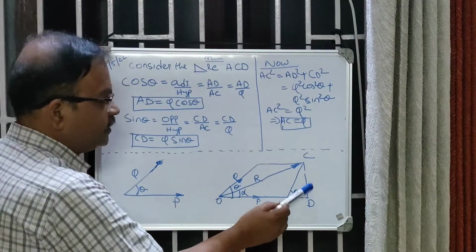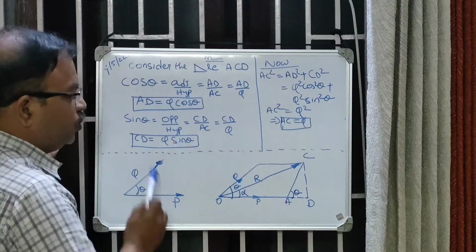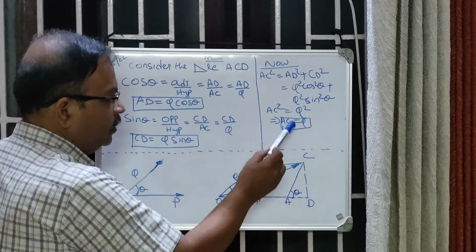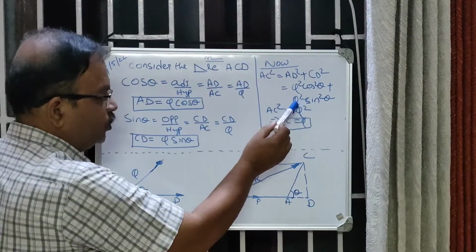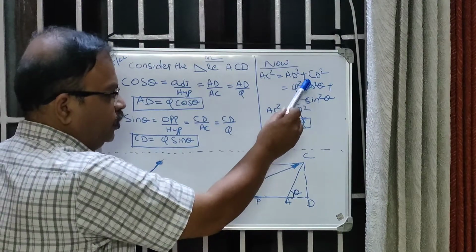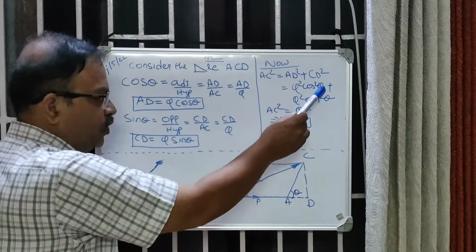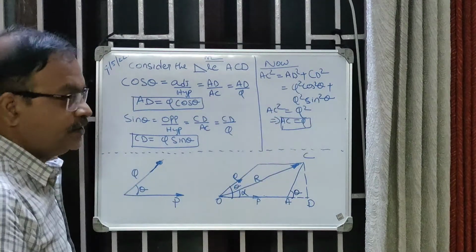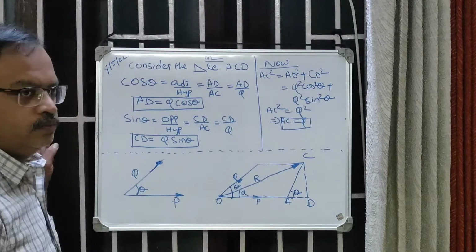AD square is Q square cos square theta, because AD is equal to Q cos theta, and CD square is Q square sin square theta. If you take Q square as common, you will get cos square theta plus sin square theta. You all know that cos square theta plus sin square theta is equal to 1. So AC is equal to Q.